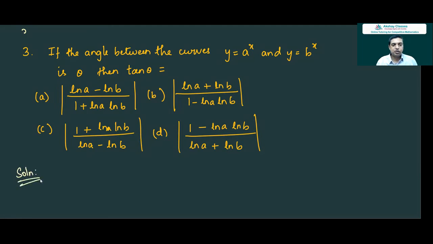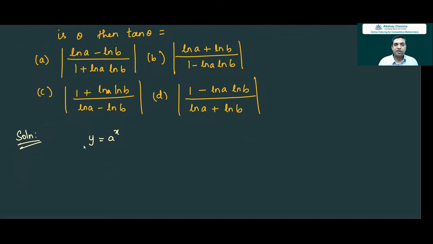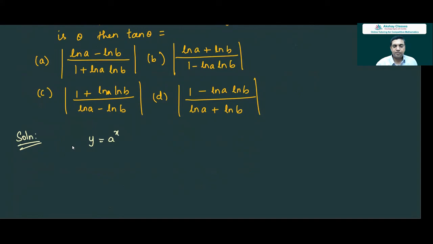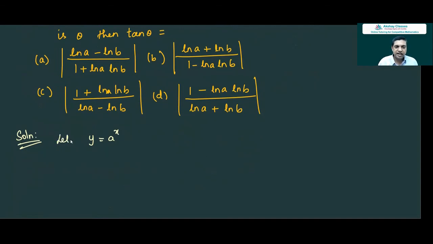So I'll solve this. Say y is equal to a power x. Derivative. Okay. So let y equal to a power x and y equal to b power x intersect at P. Now what will be this point P? x1, y1, let us see.